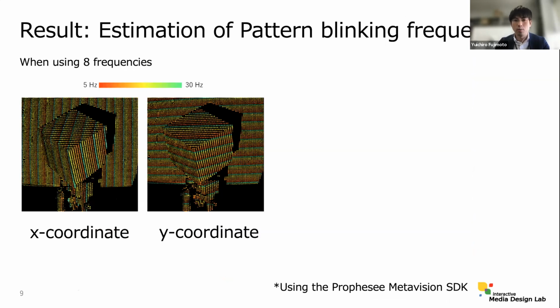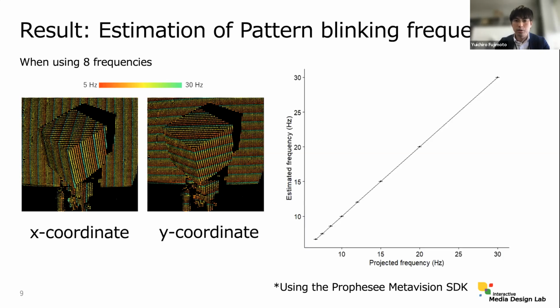Here is the result of projecting and estimating 8 different frequencies using an ordinary 60 Hz 3LCD projector. The color maps show the estimated frequencies, and you can see the different frequency observed in each column and each row.